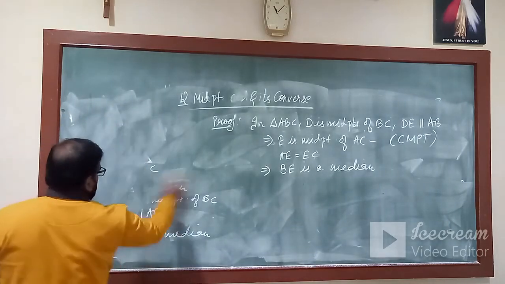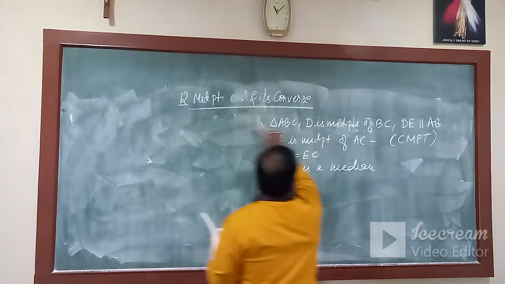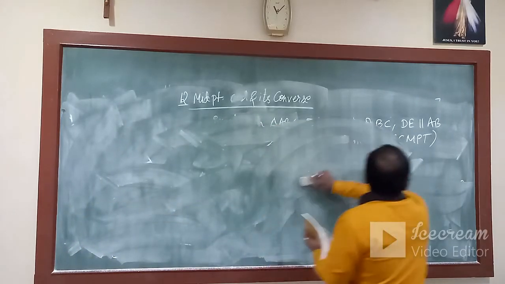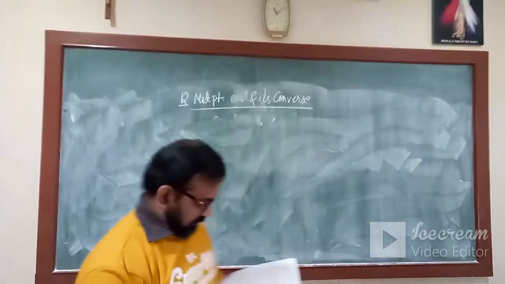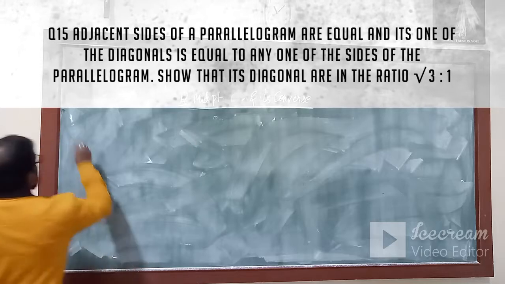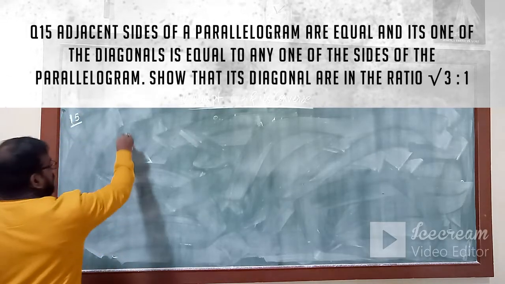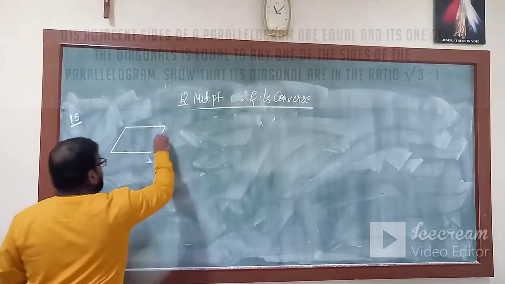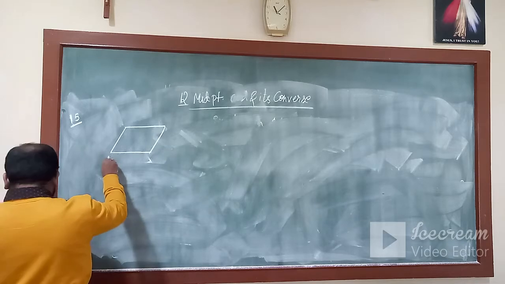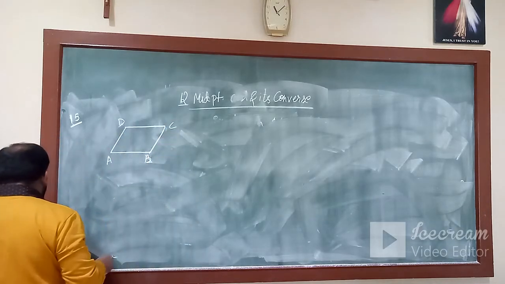Last question of this exercise. So first we will make a parallelogram and then we will use certain properties. So this is ABCD.